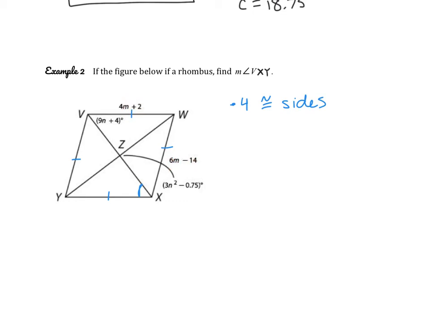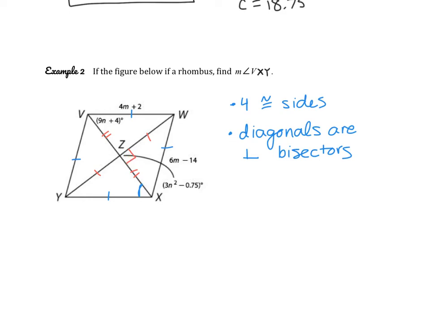So we're going to think about, well, what else do we know about a rhombus? So we know that in a rhombus, the diagonals are always going to be perpendicular bisectors, which means, one, they bisect each other, so they cut each one in half, but more importantly, they form 90-degree angles right here.